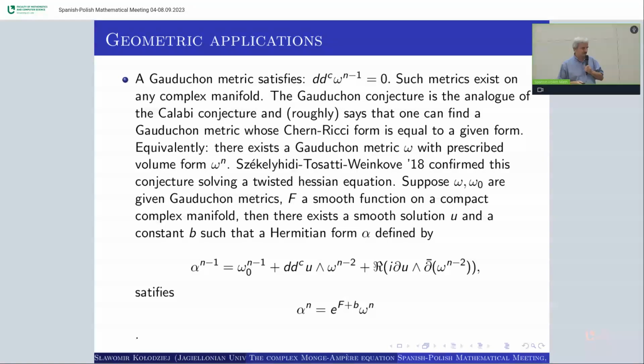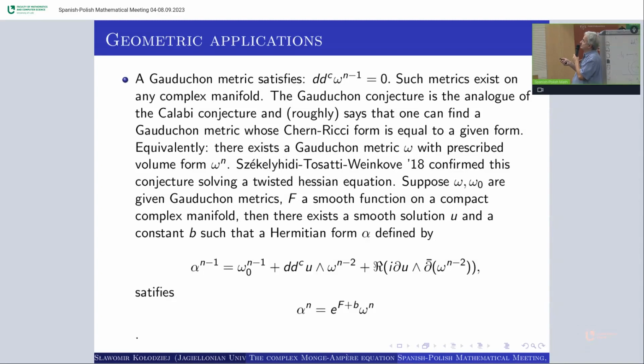And quite recently, Székelyhidi, Tosatti, and Weinkove confirmed this conjecture, and they had to solve these so-called coupled equations. So you look for alpha satisfying the equation in the last line. So we want to find alpha such that this equation holds for given f and b.